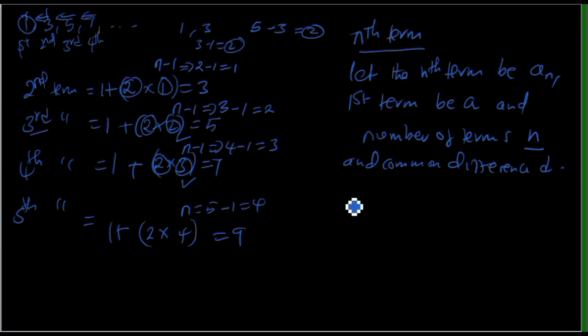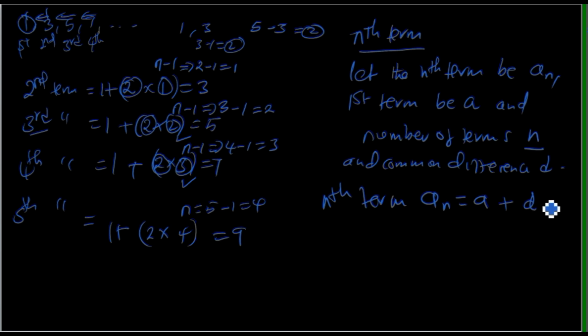Now, to get the nth term, you take 1. In this case here, we were using 1, and 1 is our first term, right? But our first term, we denoted that by letter A. And this one, you add 2. What is our 2? Our 2 was the common difference.